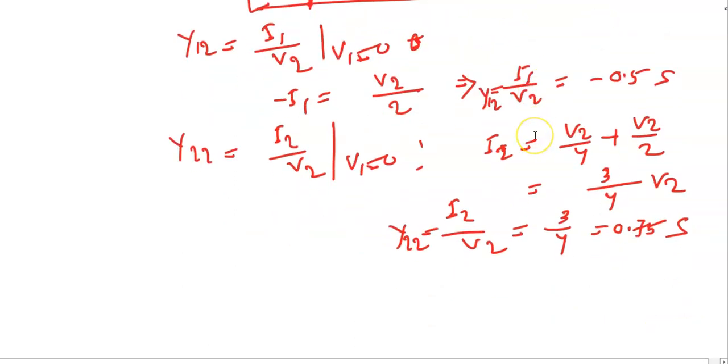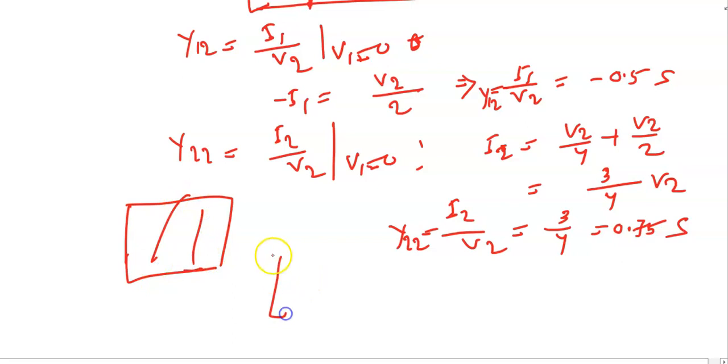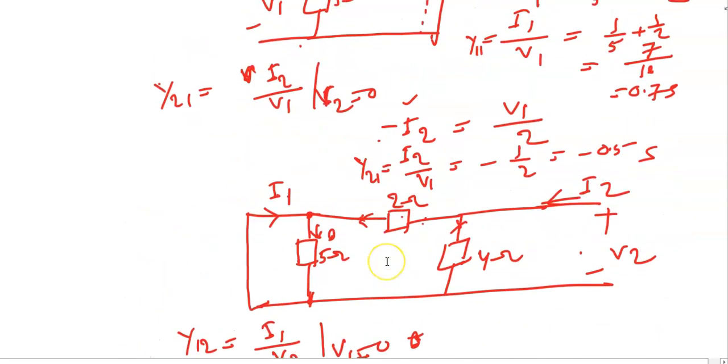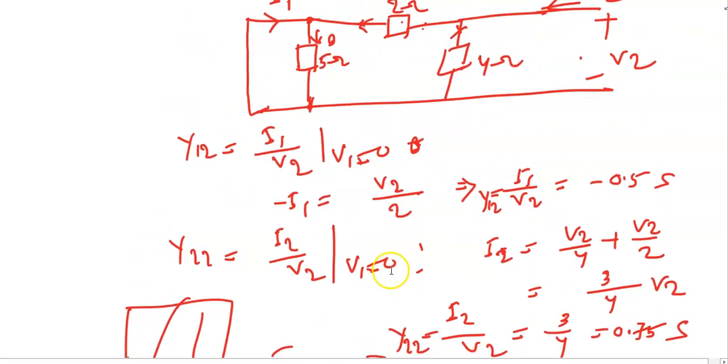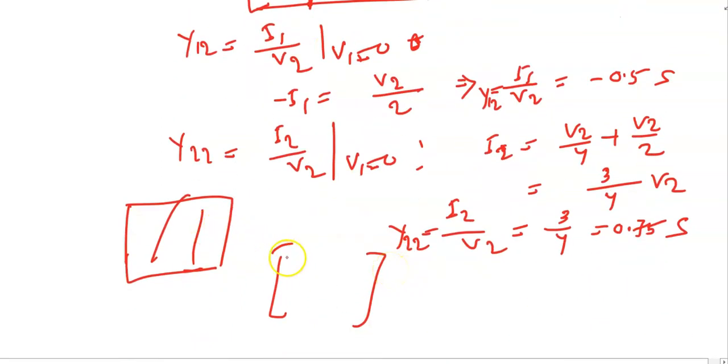So finally we can collect all the parameters in matrix form. I can write Y11 as 0.7, minus 0.5, minus 0.5, 0.75 Siemens.